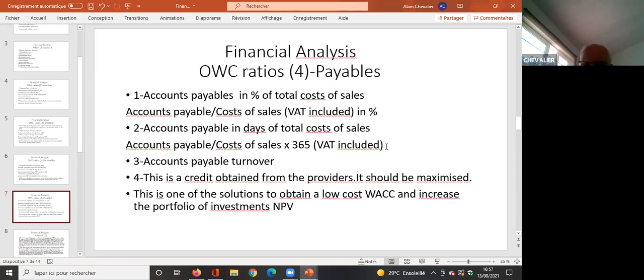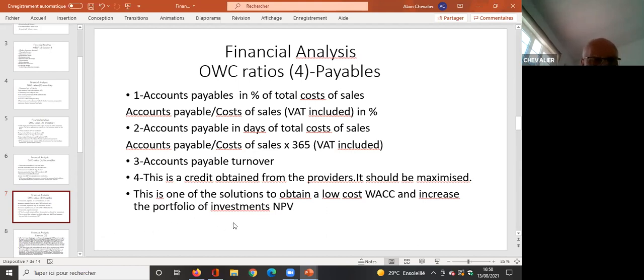And this brings a lower weighted average cost of capital, and at the end, an increase in the net present value of the portfolio of investment of the firm and of its performance measured in return, and particularly by return on assets and return on equity. This is what I wanted to show you on these payables.